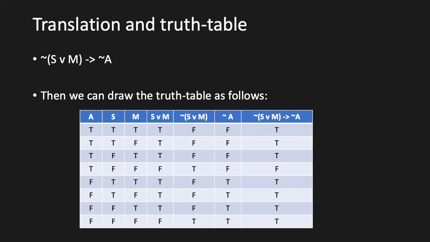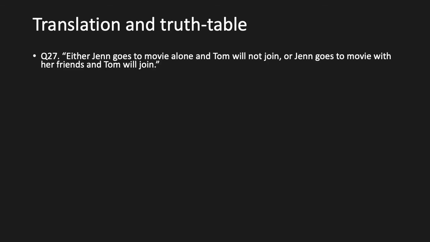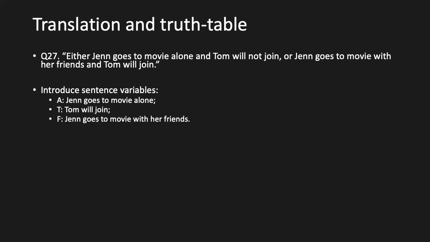Now let's look at question number 27. Either Jan goes to movie alone or Tom will not join. So if Jan goes to movie alone, then Tom will not join, right? Or Jan goes to movie with her friends and Tom will join. Let's introduce sentential variables.